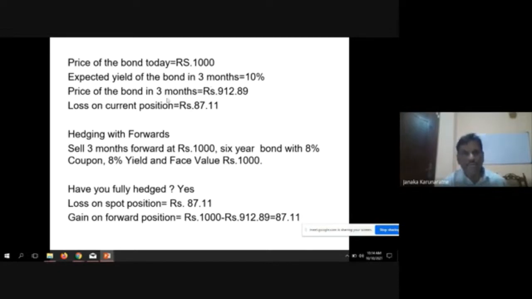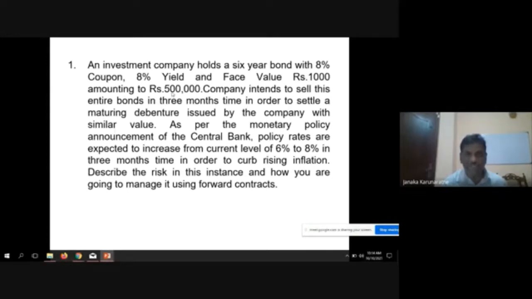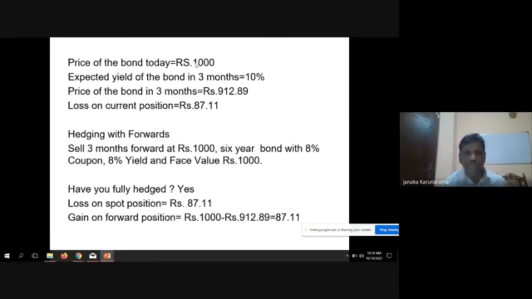So that means in 3 months time in the physical cash market, you can only sell this bond at 912.89, not at 1,000. We have 500 such bonds because our value is 500,000, so each bond will be traded around this much. So our loss is 87.11, 1,000 minus this.